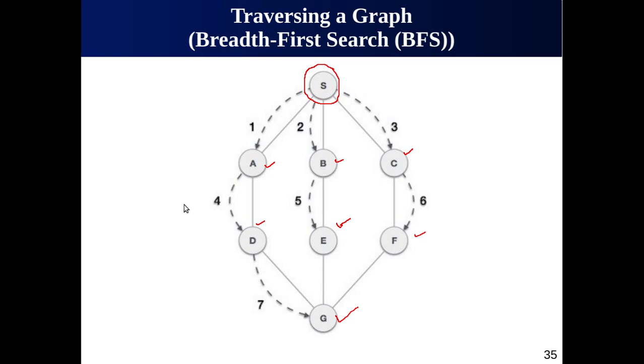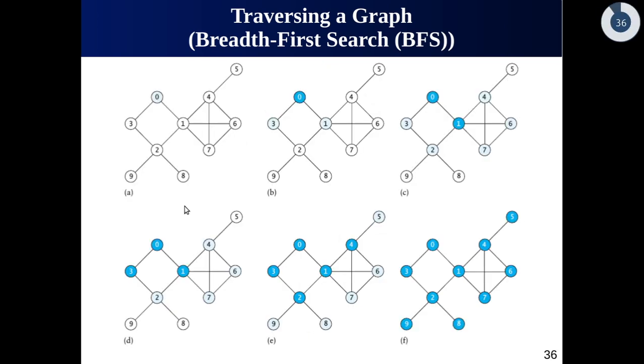Let us see a more detailed example of the breadth first search algorithm. Here we are using 3 different colors, which represent 3 different types of nodes. The white color represents not identified nodes.